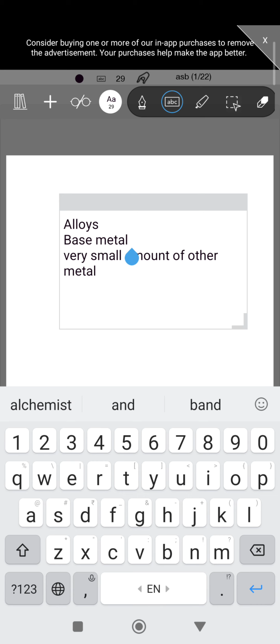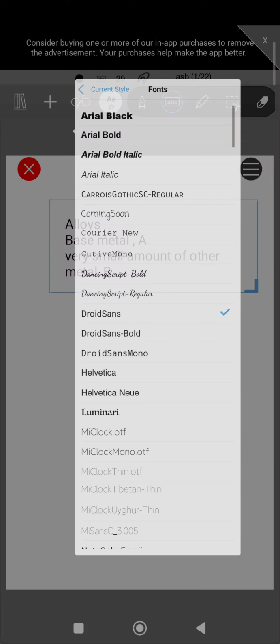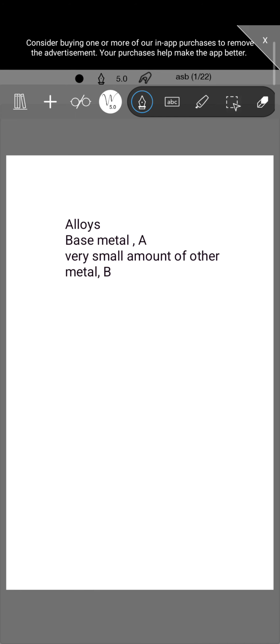Let's say the base metal is A, and the very small amount of metal, as we have seen in the defects, is B. Now B can go inside A in two different ways, as we have seen, substitution and interstitial. So alloys also can be of two types: the substitution alloy and the interstitial alloy.